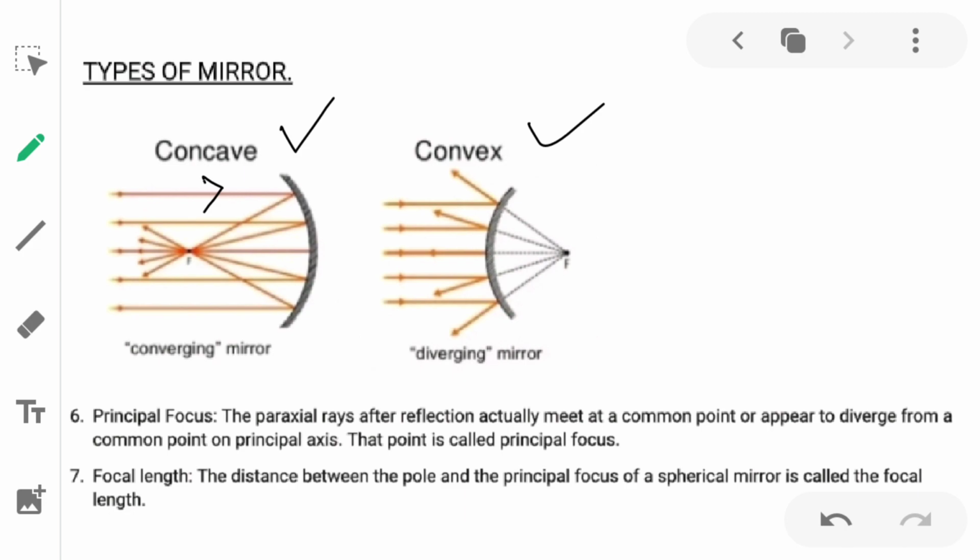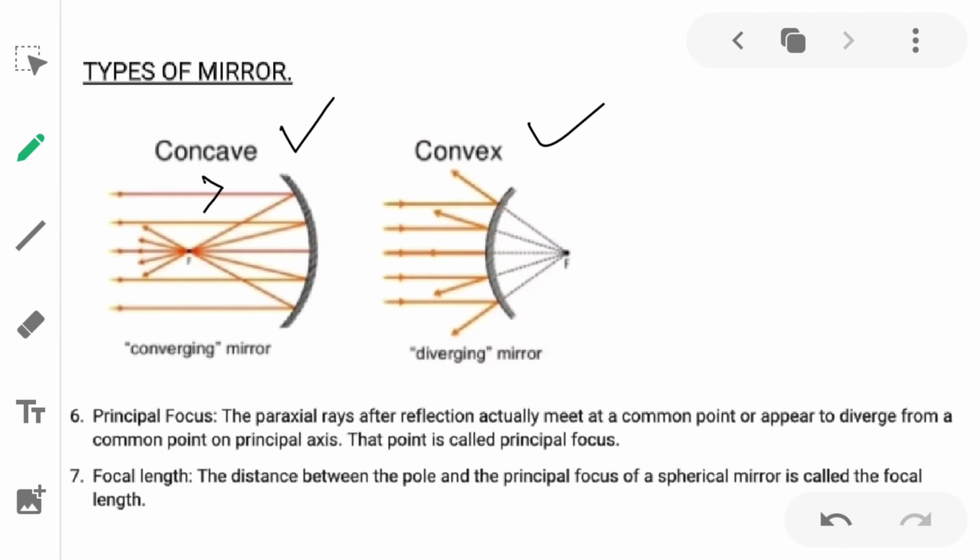That point is called the principal focus. The next term related to spherical mirrors is focal length. As we have discussed, the distance between the pole and the principal focus of the spherical mirror is called the focal length.